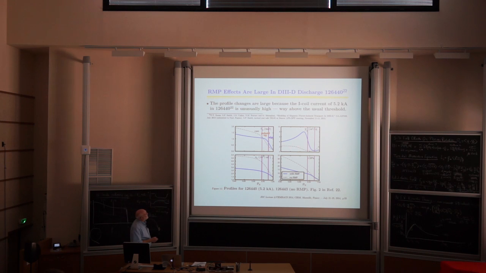This is a radial heat diffusivity profile, in which you have an edge transport barrier, a low chi region. And when you turn on the RMPs, you raise it by about a factor of 6 or so. Now, all of these RMP effects, like this one, go proportional to the magnetic perturbation squared.